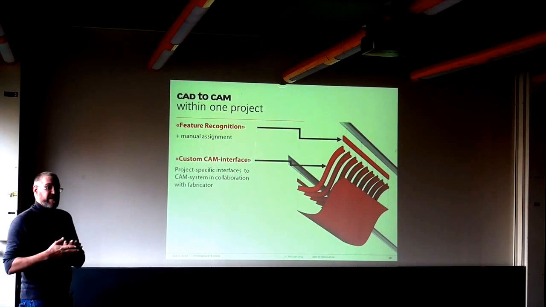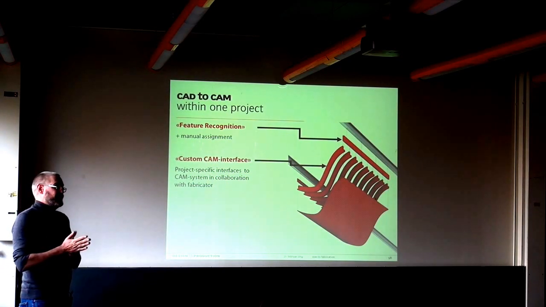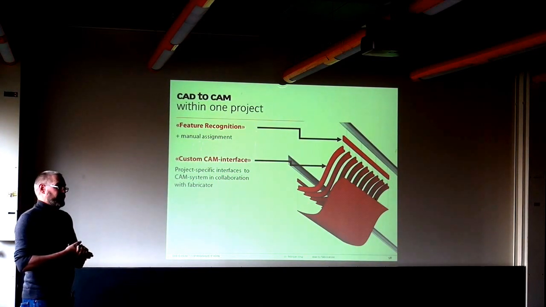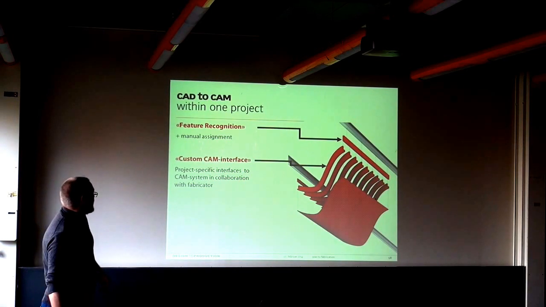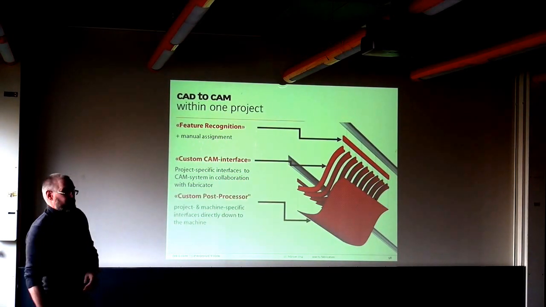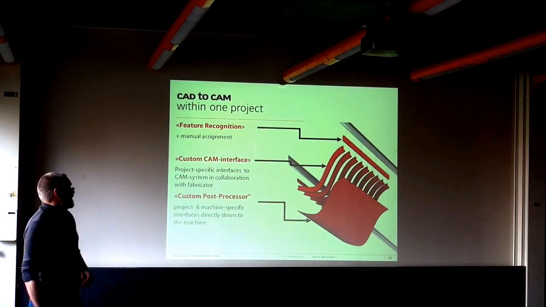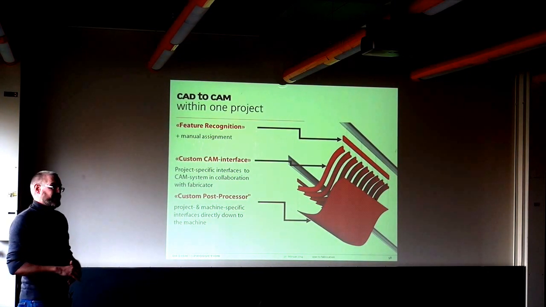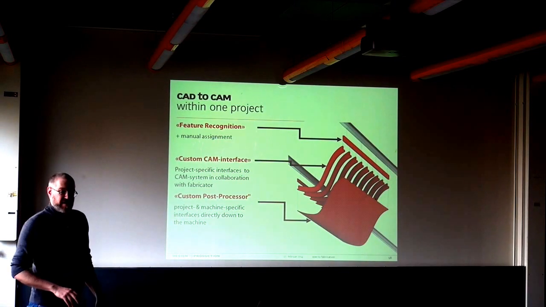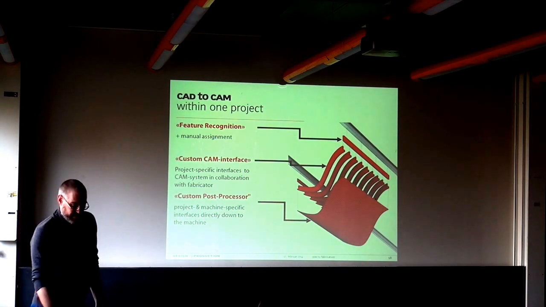So on their side, they have a CAM specialist that tells us, if you give us the information that way, we can handle it right away automatically. So we build a custom interface between us and the fabricator. And sometimes we even go down and provide CNC machining code directly for the machine. So they just feed in NC data, X, Y, Z, A, B coordinates into their machine to do this.